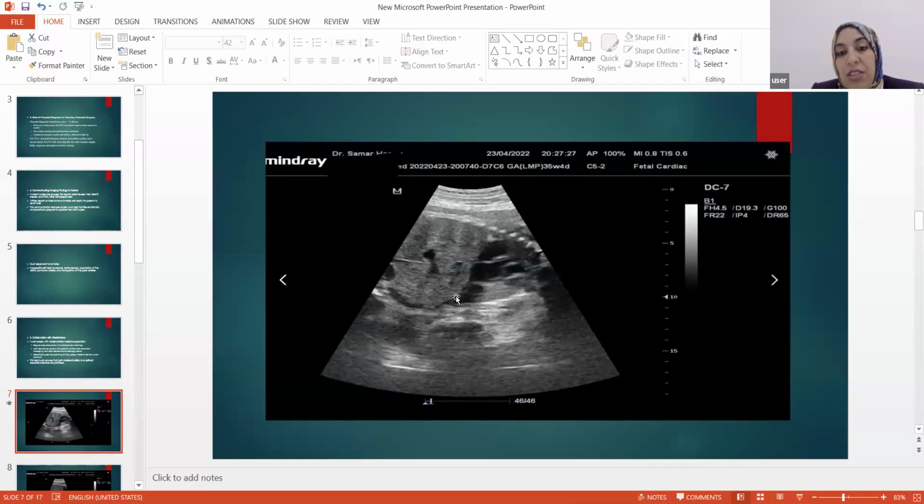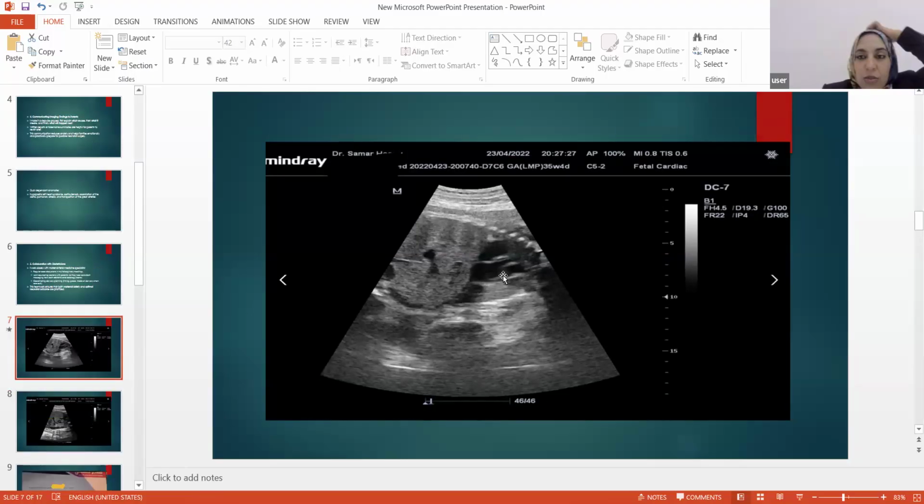By more detailed examination, there was shifting of the cardiac to the opposite side. So this case was very challenging, because it's in the late trimester and we cannot do any treatment option intrauterine, because intrauterine surgical intervention is very limited in Egypt.